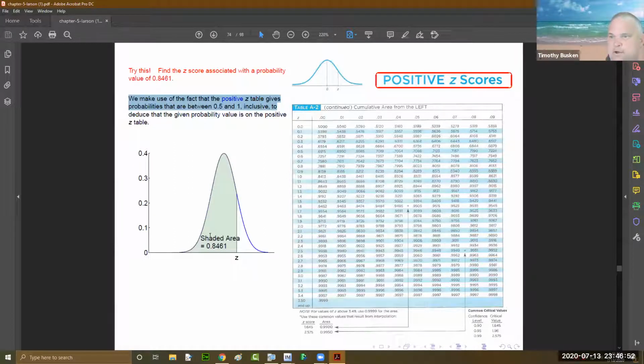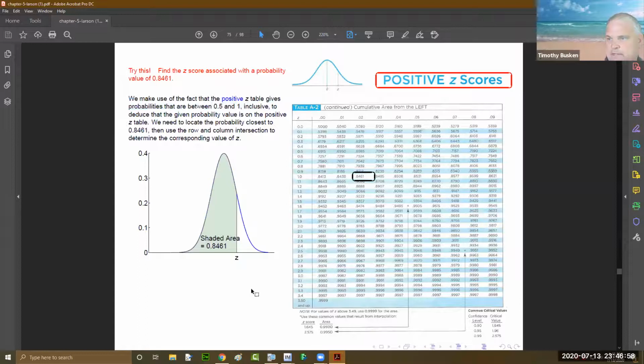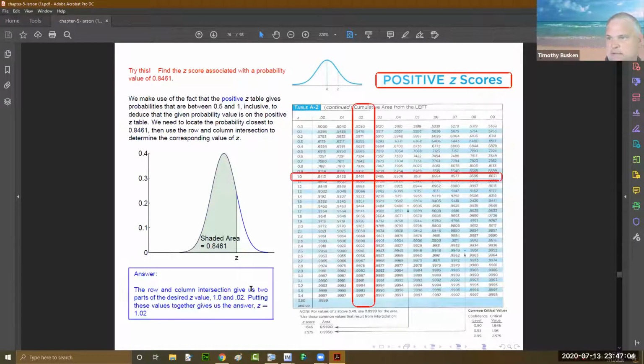So we're just going to look in the table body for this number 0.8461, or try to find one that's close. There it is. Okay, so now what Z-score is associated with that? You see, it's 1.02. We just have to add this number and that number, and it gives us the 1.02.